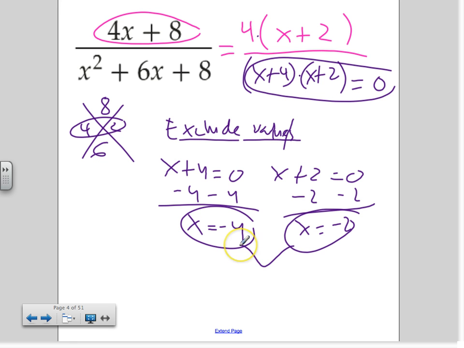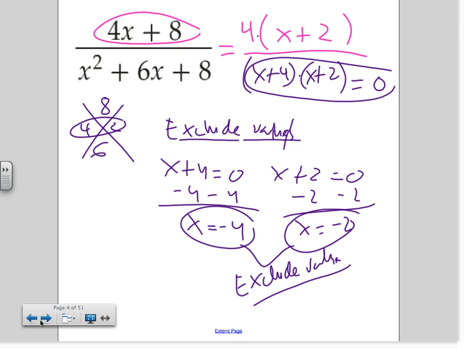So what I have right here, negative 4 and negative 2, are called excluded values. Reason? Because if I take negative 4 and plug it back in, negative 4 plus 4 is a 0. 0 times anything is a 0. And because I have a 0 in the bottom, I know I have an undefined answer, and I don't want that.